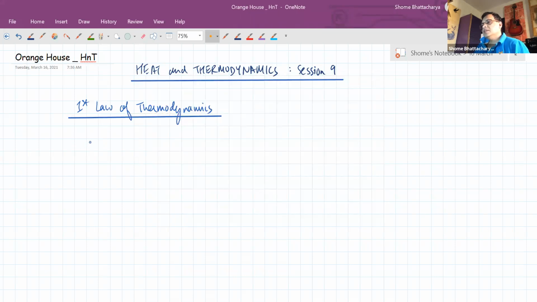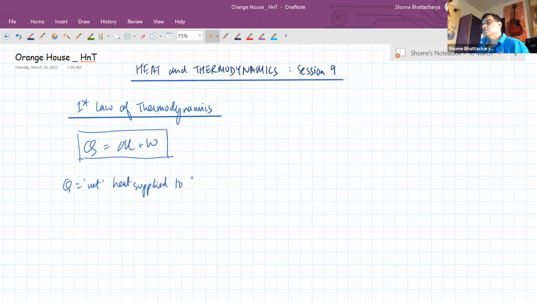We'll express it as the net heat supplied to the gas is equal to the change in the gas's internal energy plus the work done by the gas. So the difference here is W is work done by the gas. Q is the net heat supplied to the gas during a thermodynamic process.